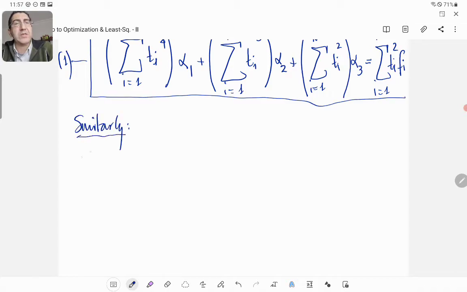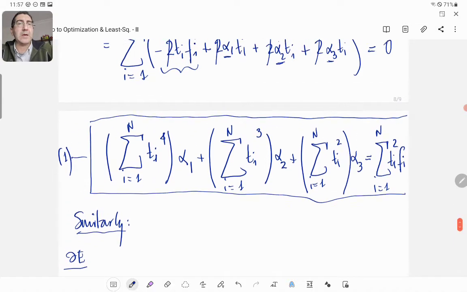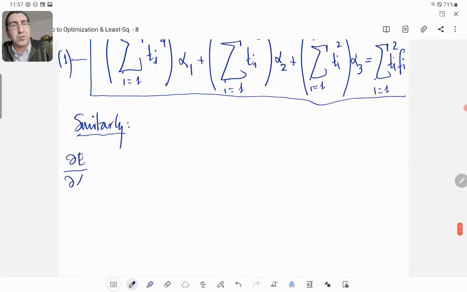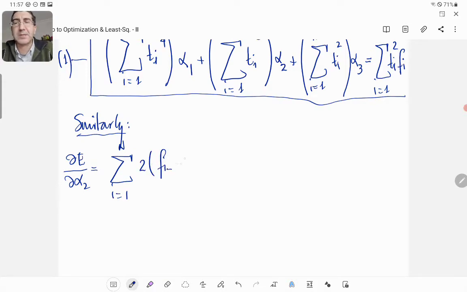Similarly, let's also quickly do this for the other derivatives. So I'm going to try to take those derivatives as well. So dE over d alpha 2 is going to be equal to the sum from i equals 1 to n. I'm going to quickly fill that out for you. So that's going to be 2 times fi minus alpha 1 ti squared minus alpha 2 ti minus alpha 3, times the inside derivative with respect to alpha 2, minus ti, that is equal to 0.